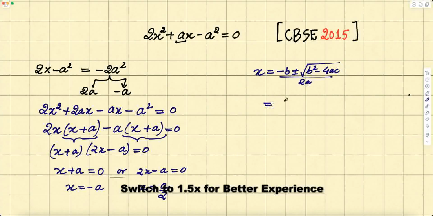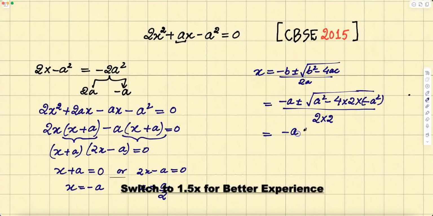So minus b means minus a, plus minus root over a square minus 4, where a means 2 and c means a square. So we will write it as negative a square. Now we can divide it by 2a. Instead of this a, we will write 2 because the coefficient of x square is given as 2.